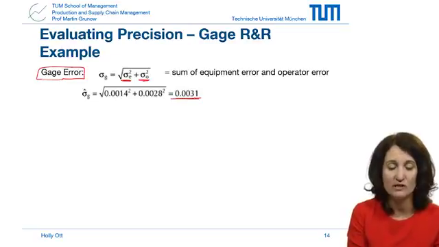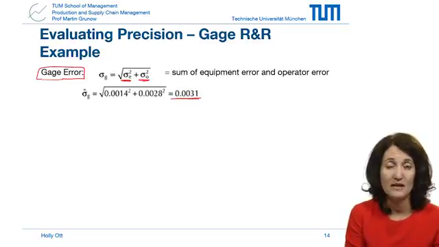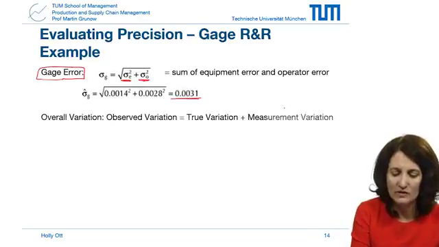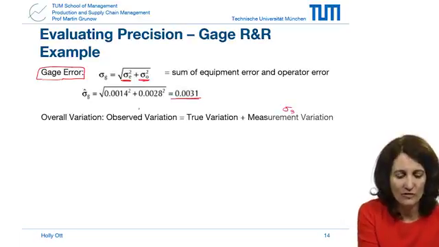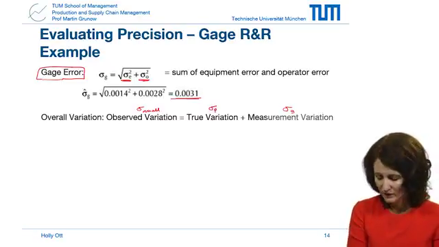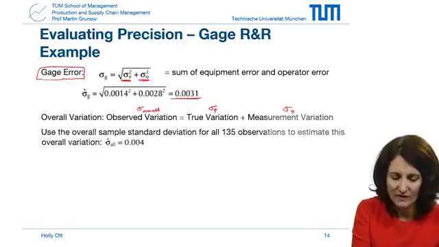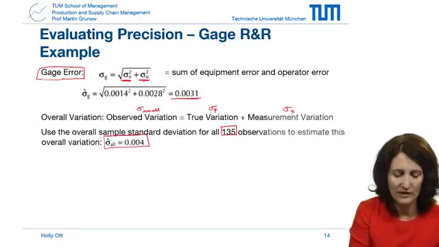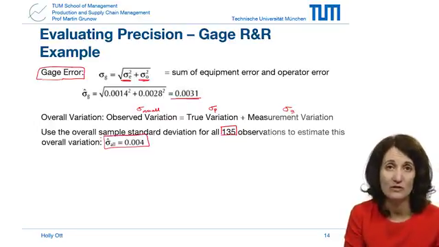And overall, we get a gauge error, reproducibility and repeatability, at 0.0031 inches. Now, what we're interested in is how this measurement variation, sigma g, compares to the overall variation and our true product variation. Now, we said there was 135 observations there, and we were able to calculate the overall variation of 0.004 using all that data.